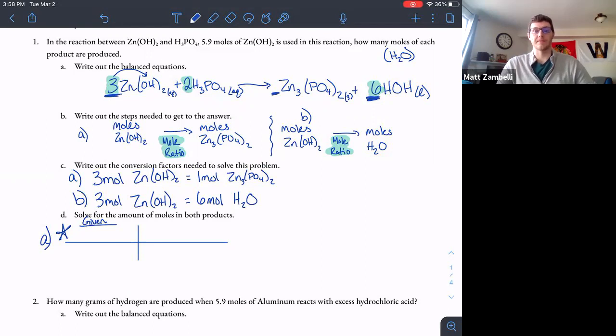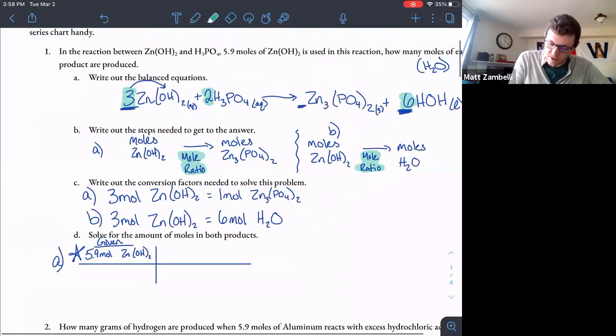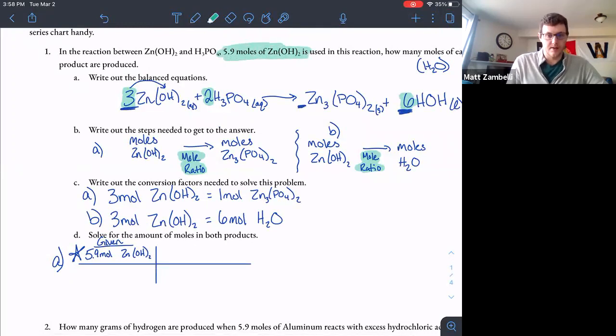The 5.9 moles of zinc hydroxide. Good. And we got that number from our problem. The given comes from our problem, so way up here.